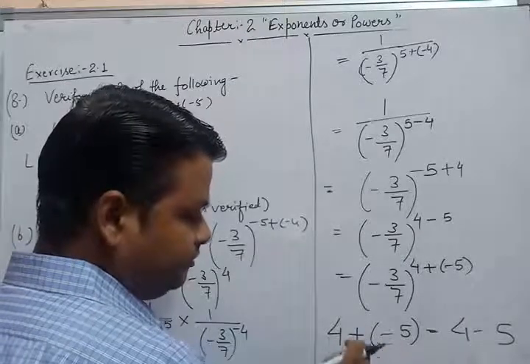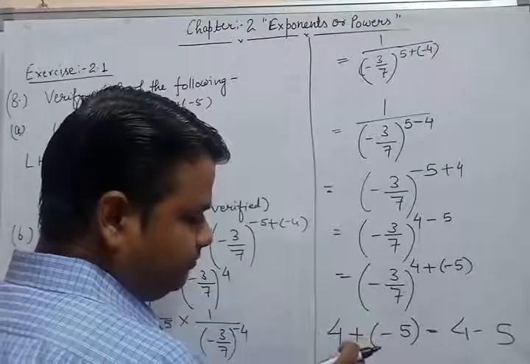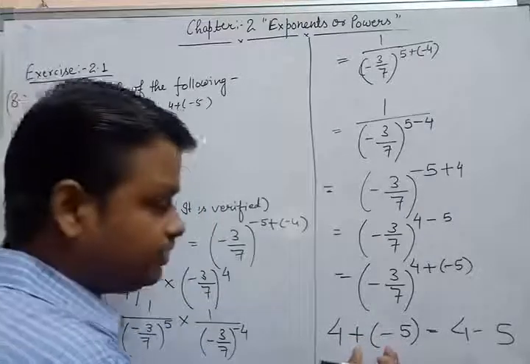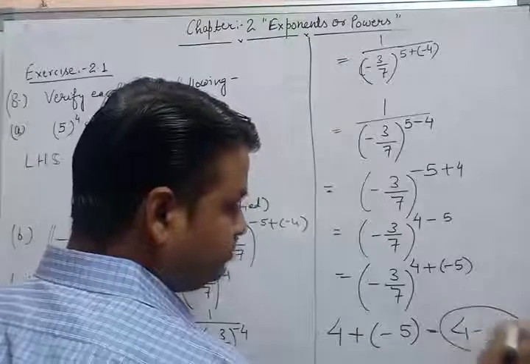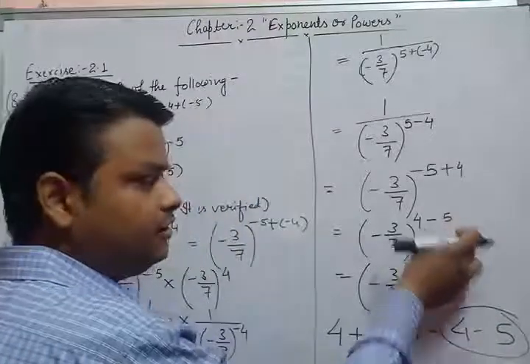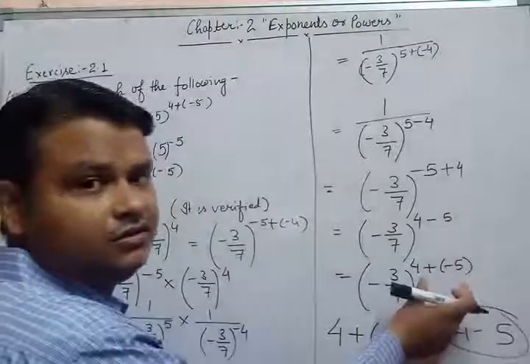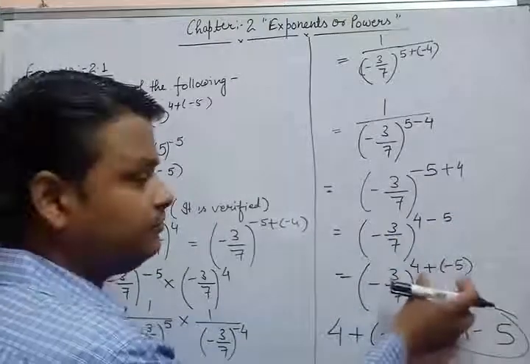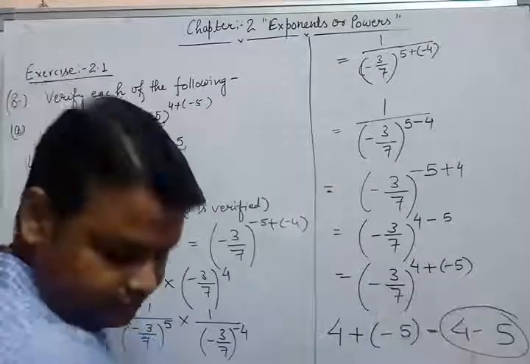The product of plus into minus is minus. So 4 minus 5 can be written as 4 plus minus 5.